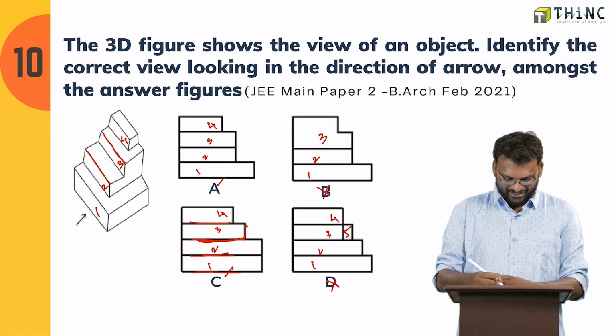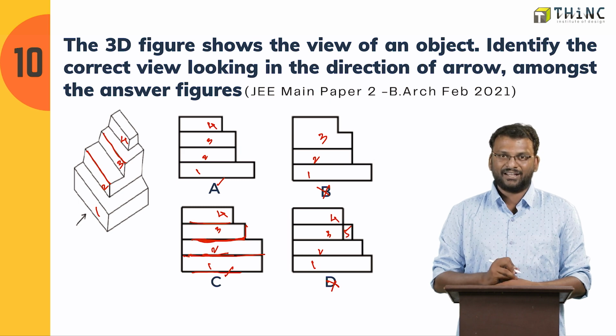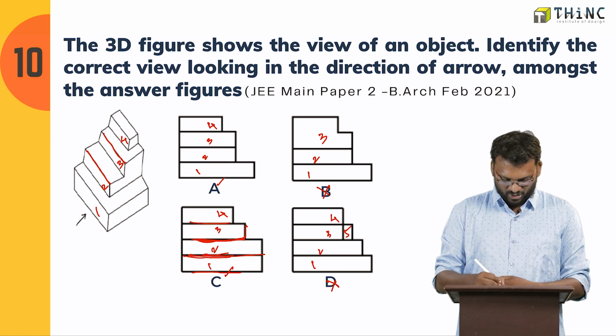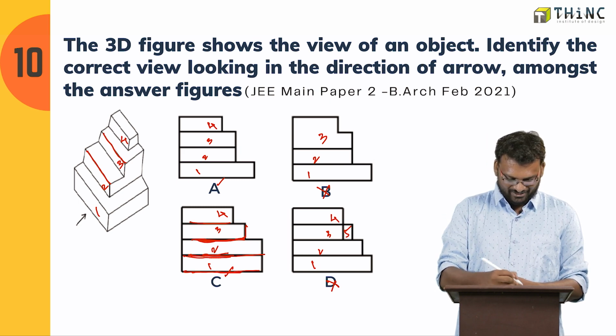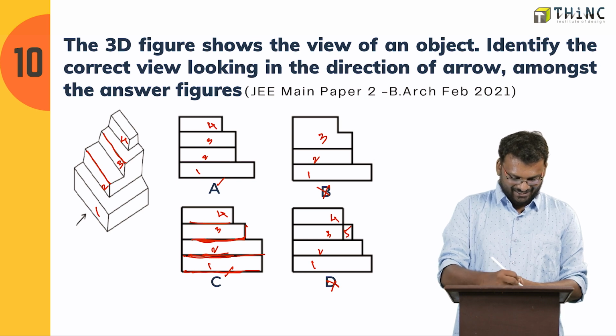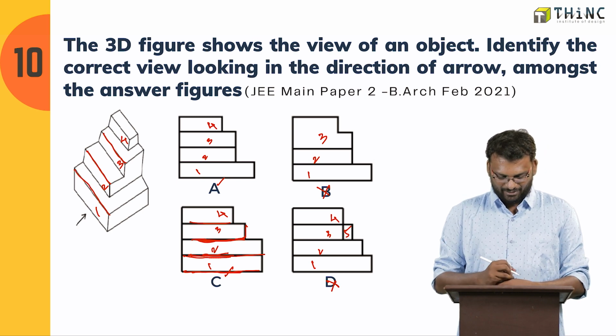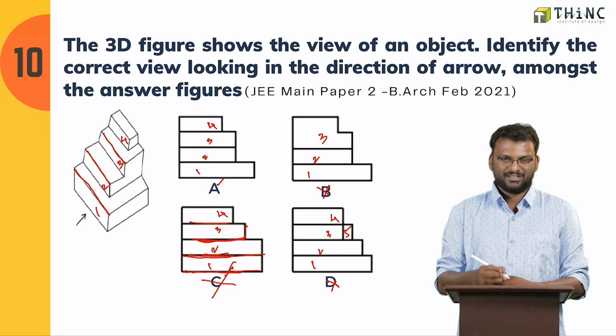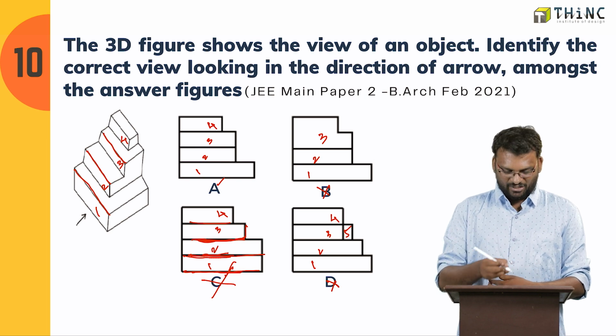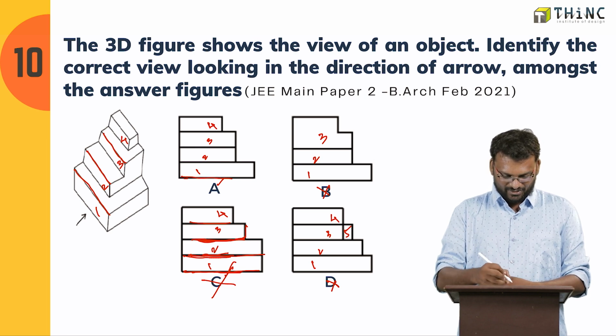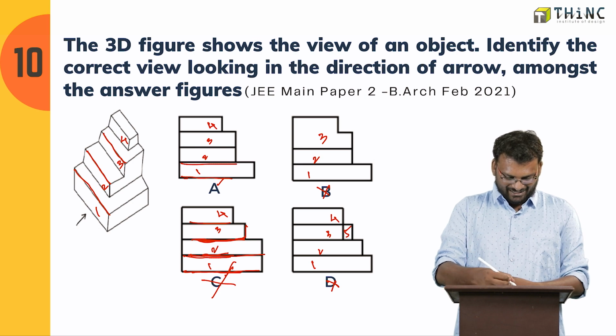Step 1 and 2 are equal in length also. So for the last two steps, the lengths are not at all equal, but in option C they are equal. So option C is eliminated. Now just look into option A. First one, okay. The second one, in the question figure it is 3.